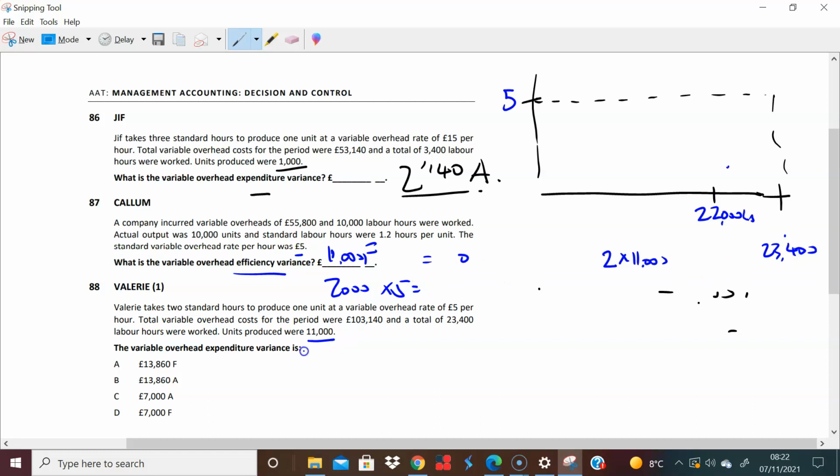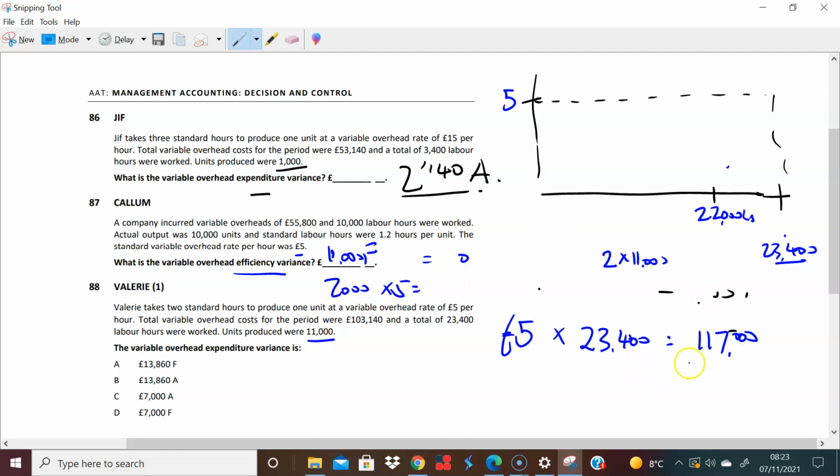Oh, sorry, this is asking for expenditure, so this is not efficiency. You should be spending £5 on those 23,400 hours: 5 times 23,400 gives you 117,000.